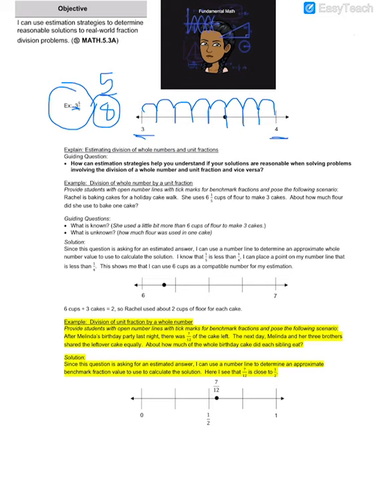So then I'm going to number my partitions. This would be 1 out of the 8 jumps, 2 out of 8, 3 out of 8, 4 out of 8, which is halfway, 5 out of 8, 6 out of 8, and 7 out of 8. Of course, 8 out of 8 would be right here.